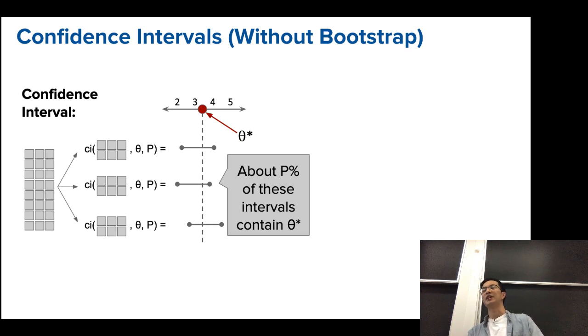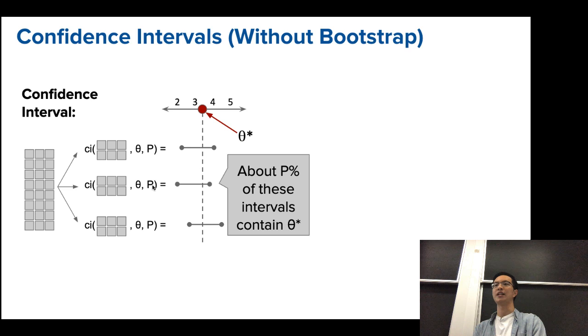The meaning of confidence is that if I repeatedly take samples from a population and compute confidence intervals from those, then 95% of those intervals will contain theta star. Now, it does not mean that one particular interval has 95% chance of containing theta star. But it does mean that if I draw another sample from the population and take another interval, that interval will have a 95% chance of containing theta star.